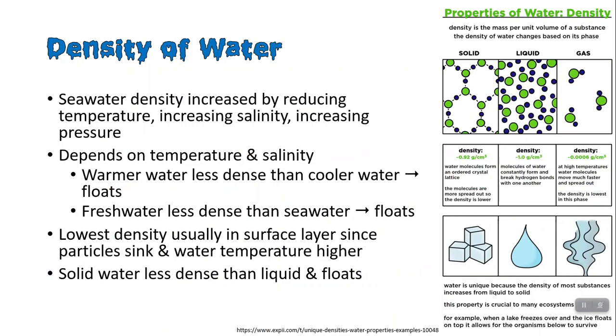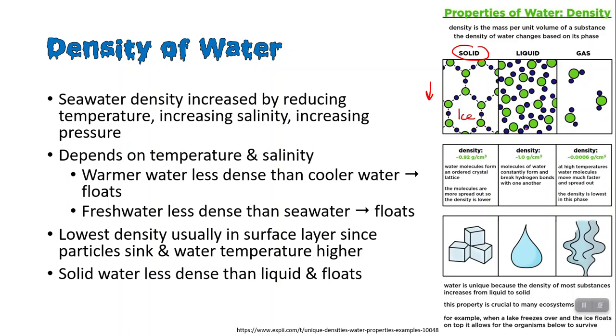So the density of water is really important, because when you have something that's less dense mixed with something that's more dense, it tends to separate based on density. And generally, for most things, the solid is going to be the most dense, but water's weird. Solid water, otherwise known as ice, actually has a lower density than liquid water.